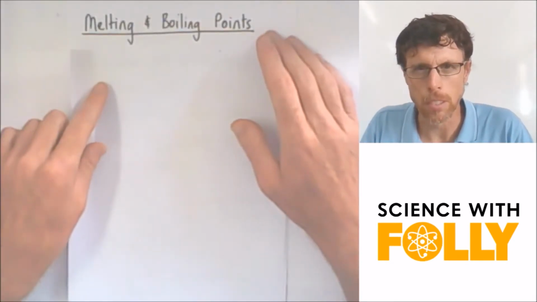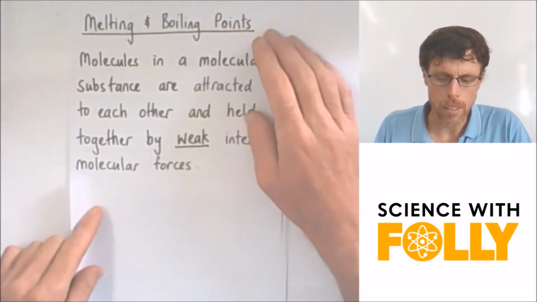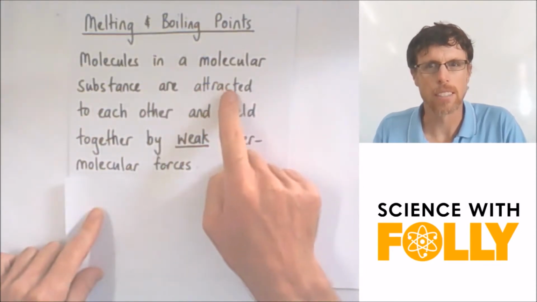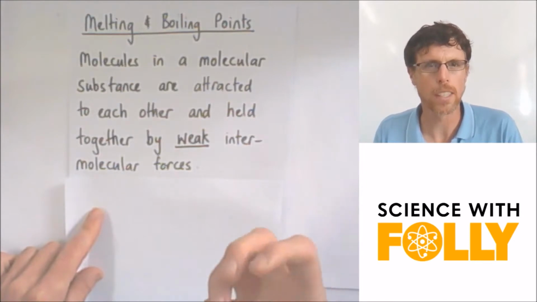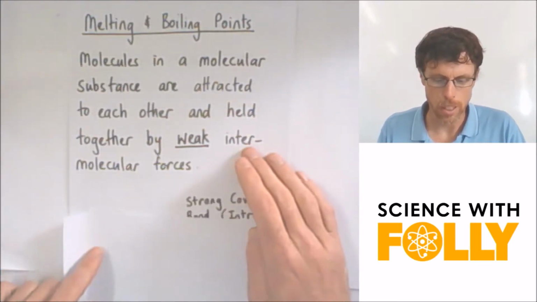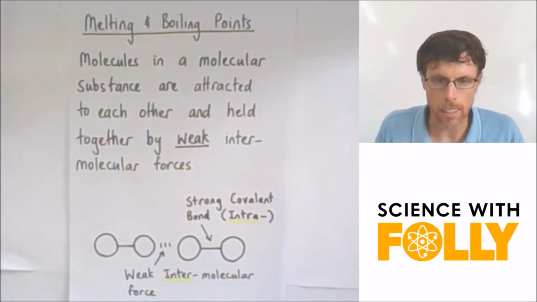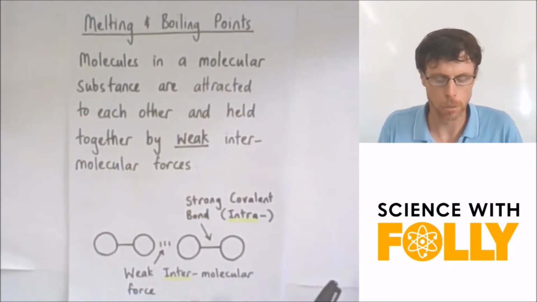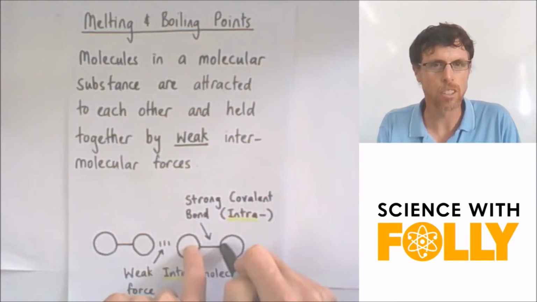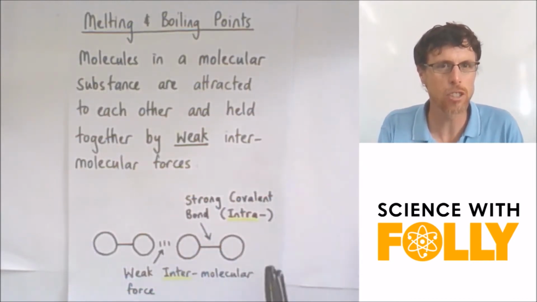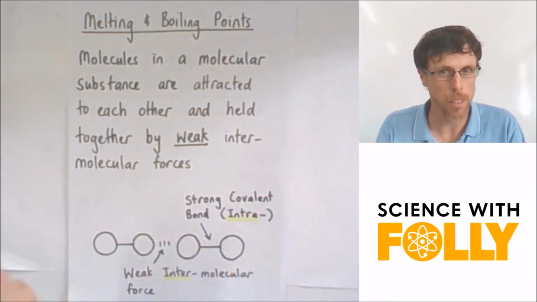Melting and boiling points. What we have to know is that molecules in molecular substances are attracted to each other and held together by what we call weak intermolecular forces. If we look at a little diagram here, here's two molecules. They're both held together on the inside by strong covalent bonds, and that's an intramolecular force because it's within the molecule.